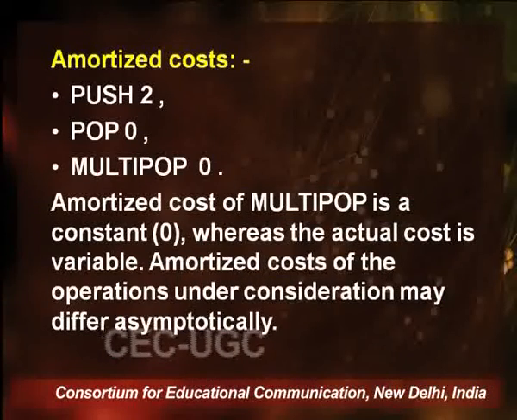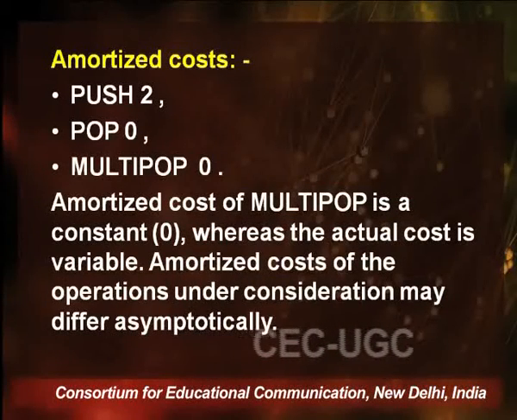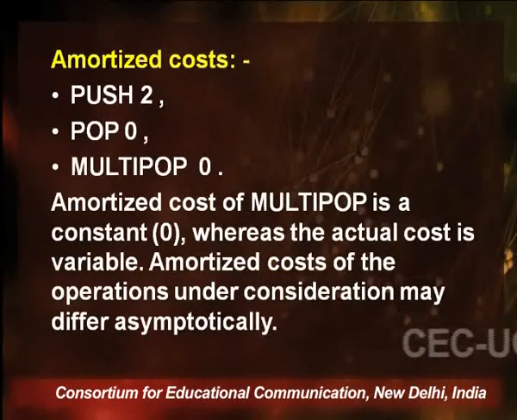Now coming to the amortized cost of these operations, we have the amortized cost of push as 2, for pop it will be 0, and for multi-pop it is also 0.